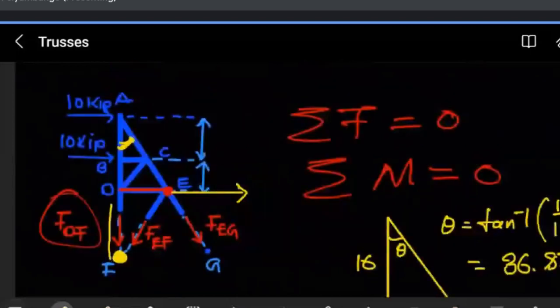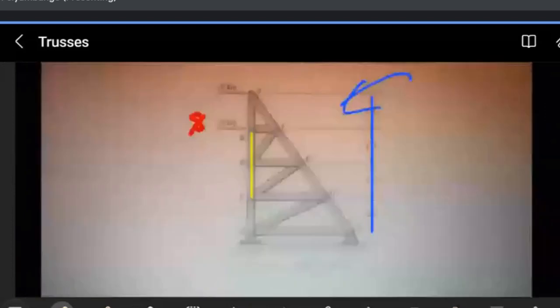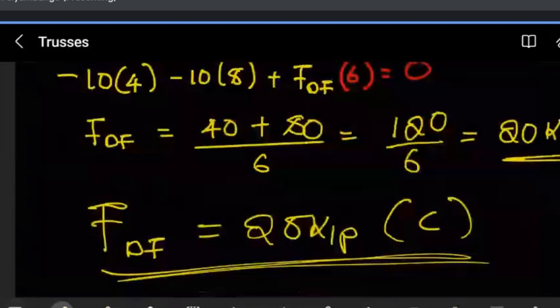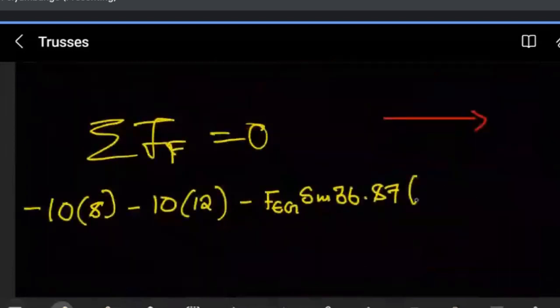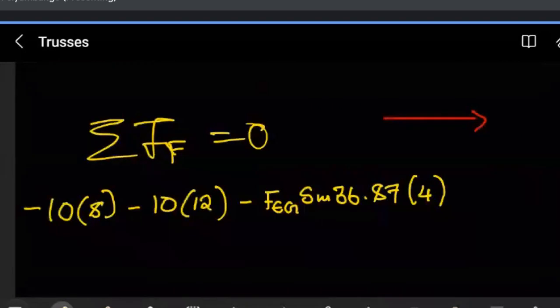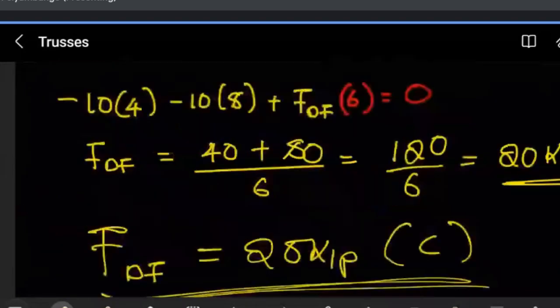The line of action, as you saw earlier, is up to there. So what is the distance from F to D? From F to D, this distance is just 4. So that is the distance we use there. So multiply that by 4. Just don't make the mistake of multiplying this with the 36.87. Multiply it with the whole sine of that.